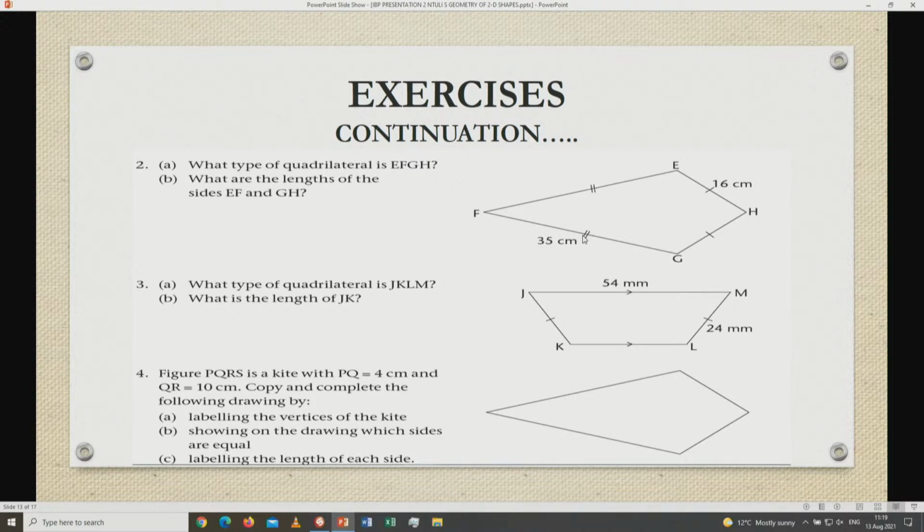We can see these two markings are also here, meaning that this line is equal to that line. Therefore, if FG is equal to FE or EF, then if FG is 35 centimeters, also EF will be 35 centimeters.